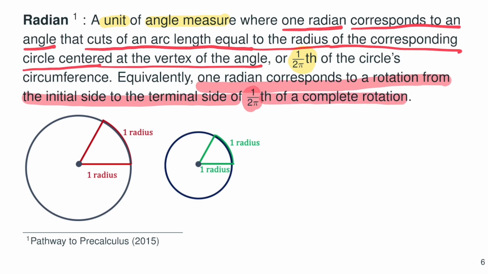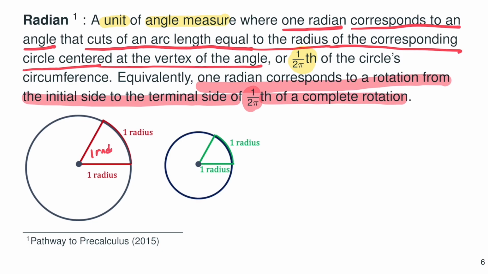I'll talk about this appearance of the number 2 pi in a second, but let's look at these 2 pictures again. Here I have a radius length, 1 radius, whatever the length is. It could be 5 centimeters, 10 inches, a foot, 3 feet. As long as this radius length and this arc length are the same, I have an angle of 1 radian. So this angle is 1 radian.